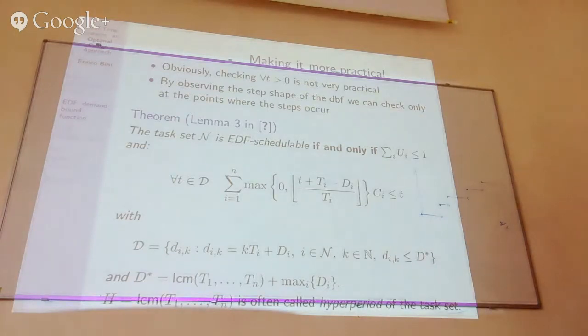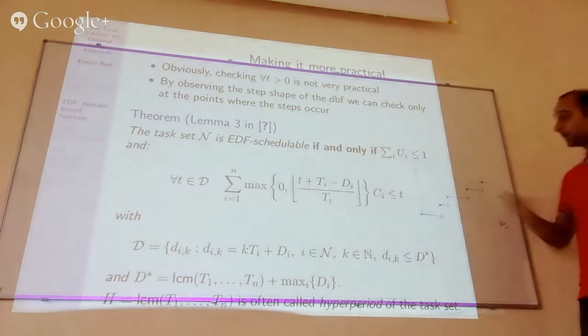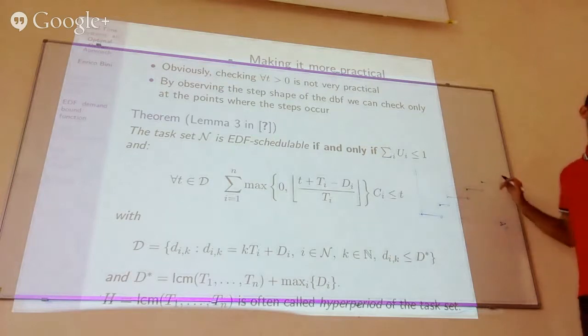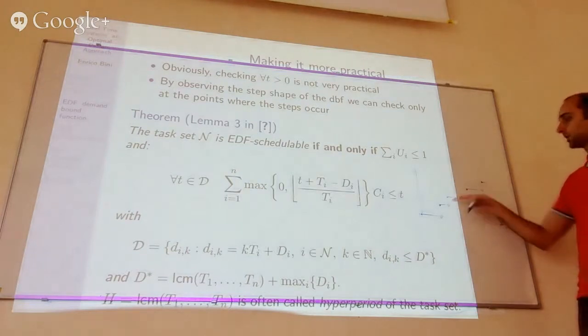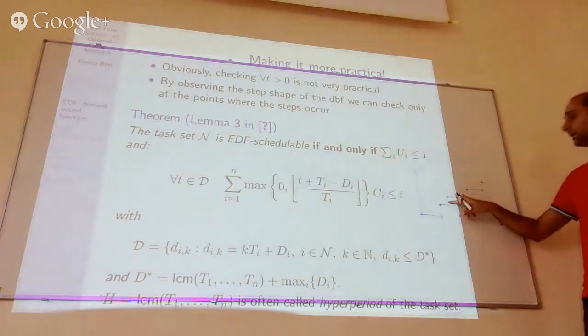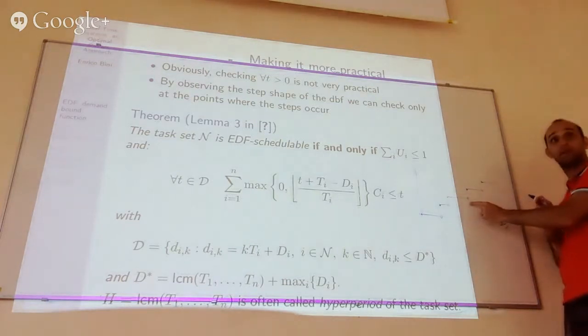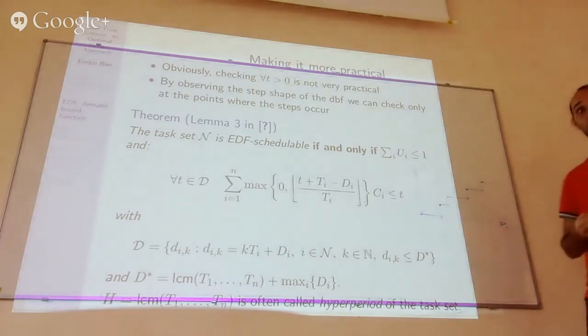It's easy to prove that if the condition is true only at the points where the function makes a step, then it's true for all. For any point, of course, if it's true for all, it's also true at the point of the step. If it's true at the point of the step, then you can prove that it's true in all the points from this step to the next step, strictly, without reaching the next one. Obviously.